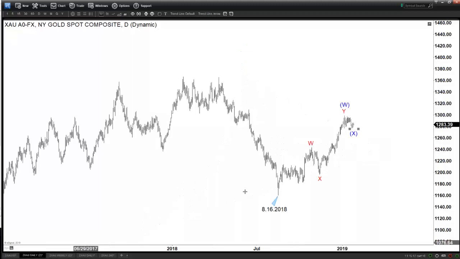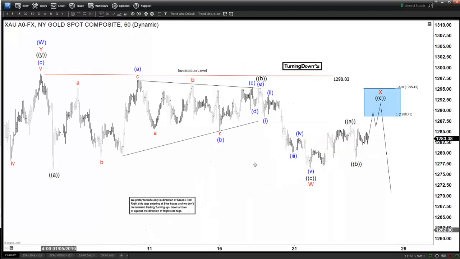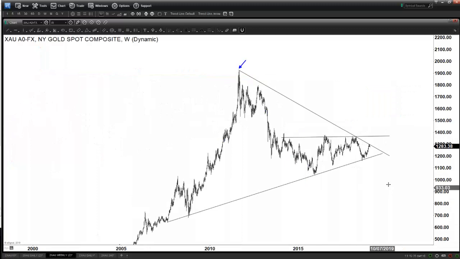Going back here, if we don't get another leg lower and it continues to break above 1,300 decisively, we can get a 1, 2, 1, 2, 3, 4, 5, continuing higher in an impulsive manner, and maybe hit this target here as 5 waves. Otherwise, we can continue to go lower again from here and continue to consolidate.